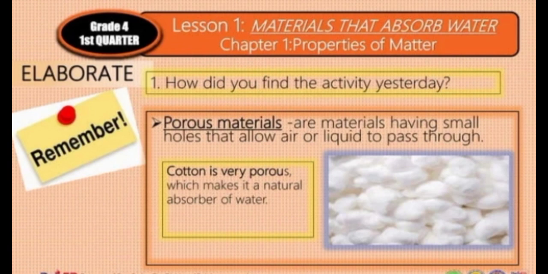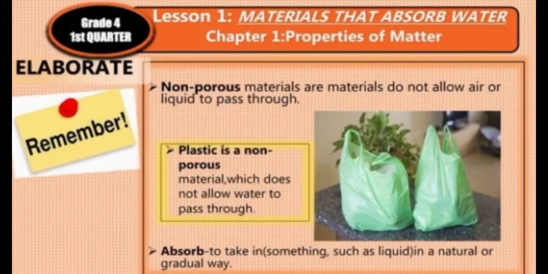So, remember, porous materials are materials having small holes that allow air or liquid to pass through. So, cotton is very porous, which makes it a natural absorber of water. Non-porous materials are materials that do not allow air or liquid to pass through.